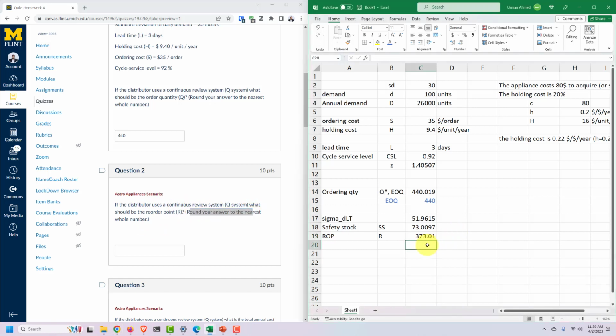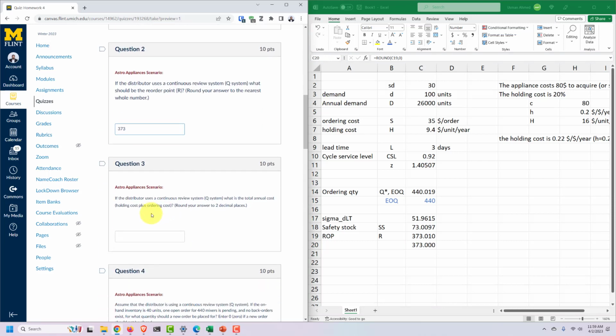So again, we do equals round this number to the nearest whole number. If I said round to 2 decimal places, you could do something like this. If I say round to 3 decimal places, you put comma 3. And if I say round to a whole number, then this means 0, there's no decimal places. So that's 373.